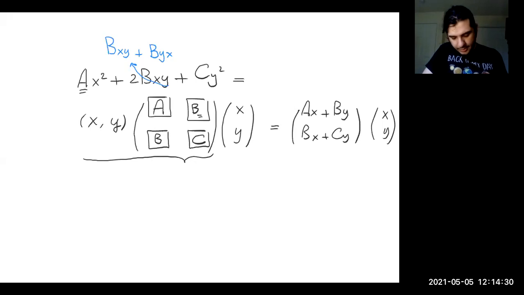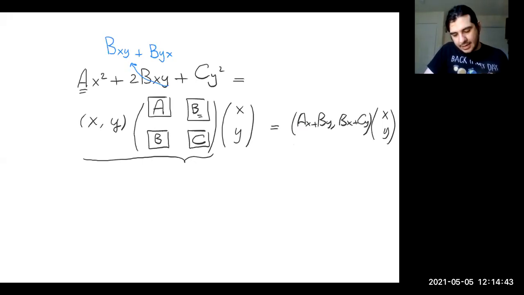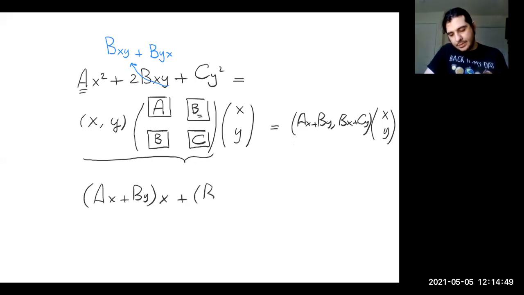Okay, sorry, I wrote it wrong. It would be like this: ax plus by and bx plus cy. And then the result of the second multiplication would be ax plus by times x plus bx plus cy times y.